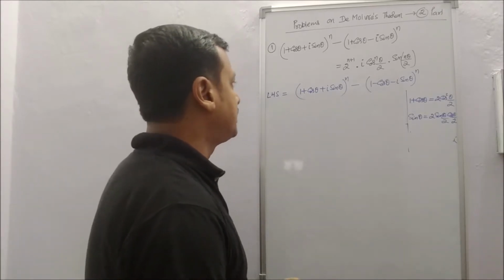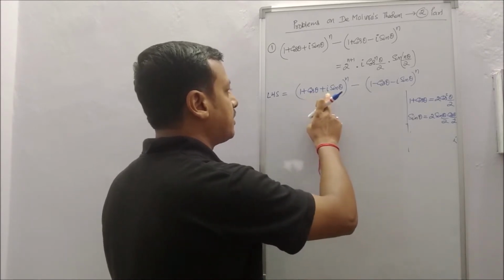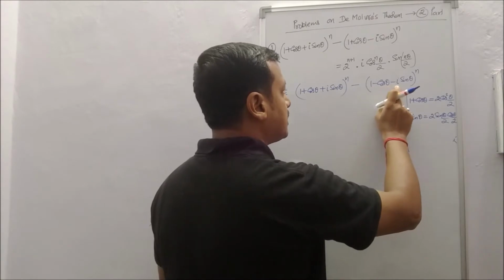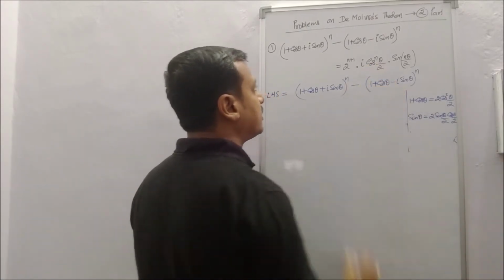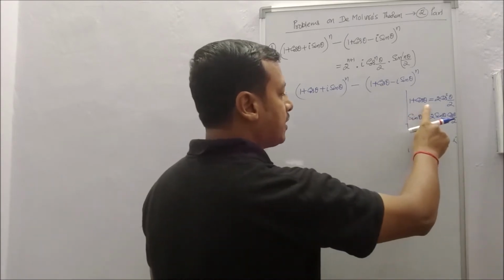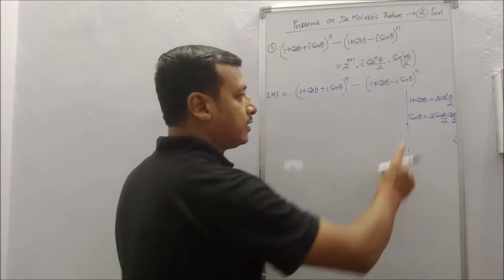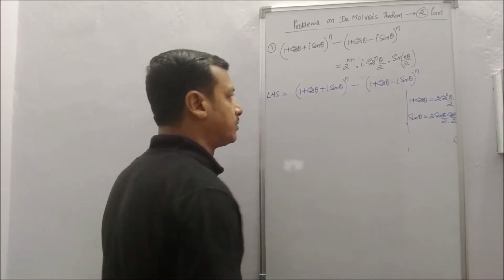So we will change the angle. First we write the LHS: (1 + cos θ + i sin θ)^n − (1 + cos θ − i sin θ)^n. Sorry, this is plus. So 1 + cos θ we know is 2 cos²(θ/2), and sin θ is equal to 2 sin(θ/2) cos(θ/2).